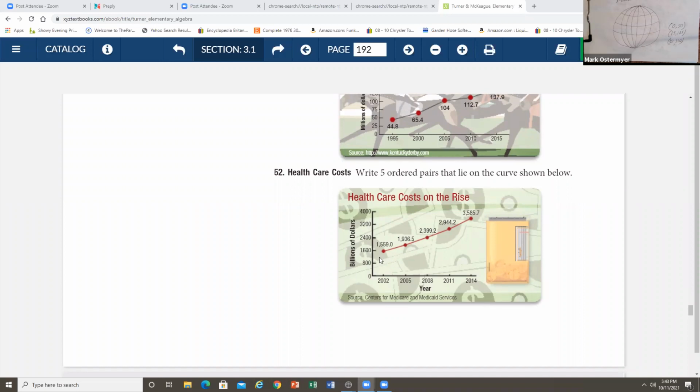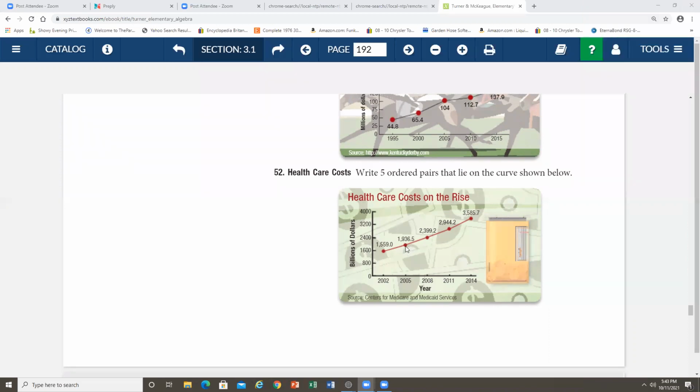What would be one ordered pair for this graph? Notice the horizontal axis represents the year and the vertical axis represents billions of dollars. Can somebody name for me one point on this graph? One ordered pair? For year 2005, okay, yes. 2005, comma, what would be the Y coordinate? $1,936.